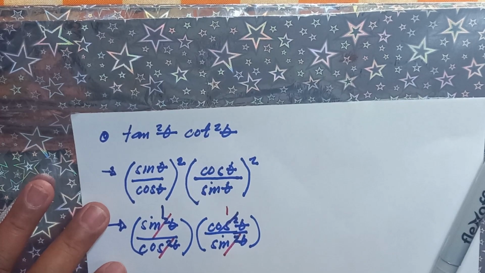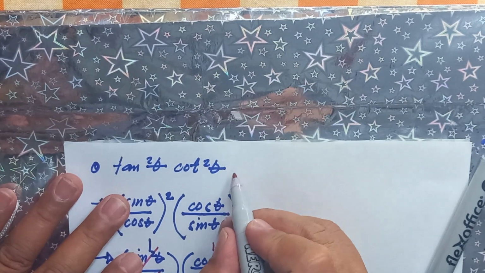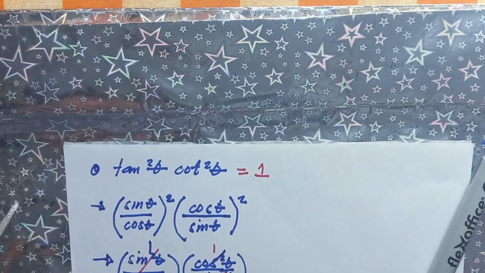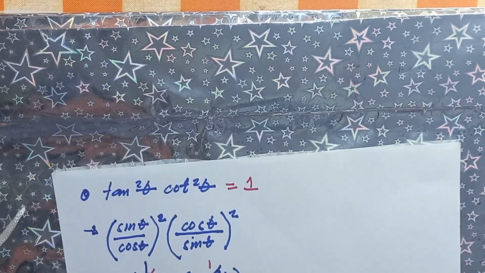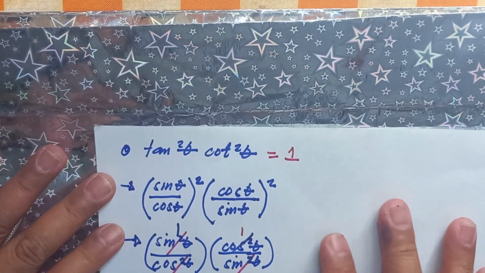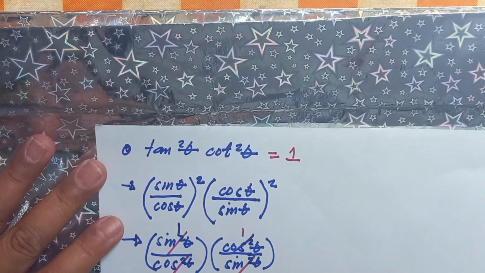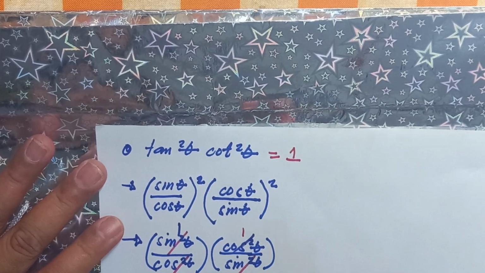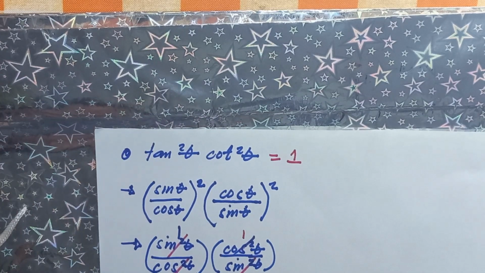So the result of the product of tangent squared theta and cotangent squared theta is 1. I hope you got the technique. Okay? So that is the first part of our simplification of trigonometric expressions. Okay, thank you.